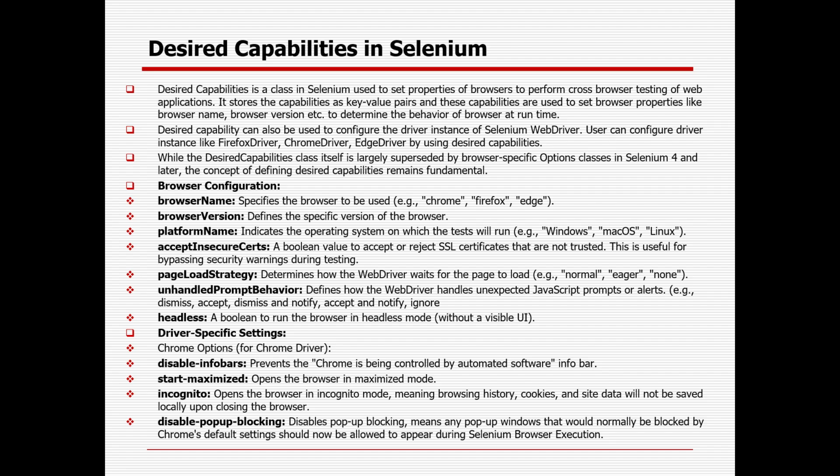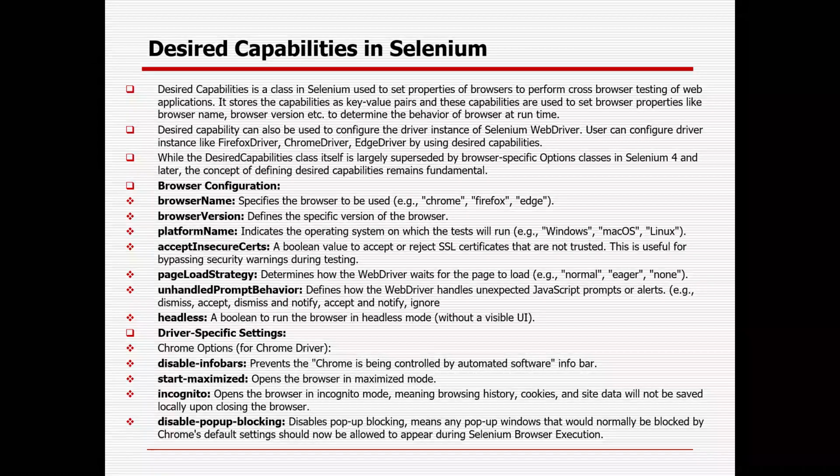So what are the important browser configurations you can do with the help of desired capabilities? You can change the browser name, like you can use Chrome, Firefox, Edge, etc. Sometimes, suppose the current browser version you are using is say 130, which you have already installed. But if you need to test an application with say browser version 128, you would need to install the previous version again.